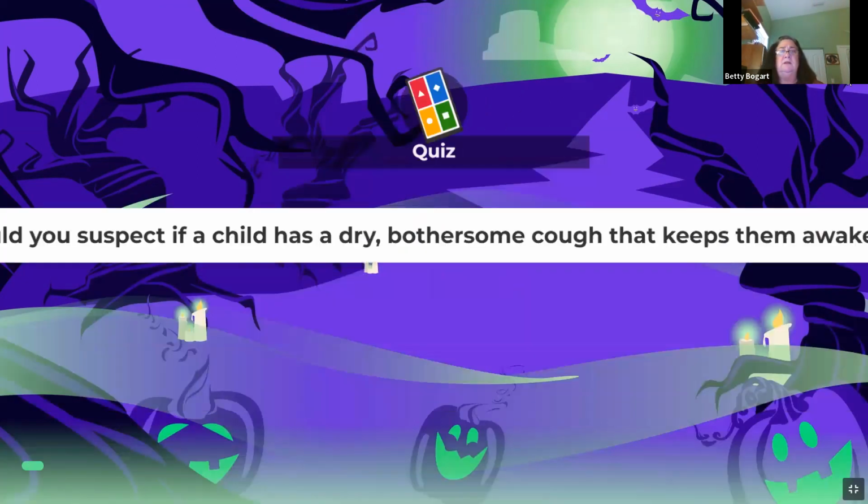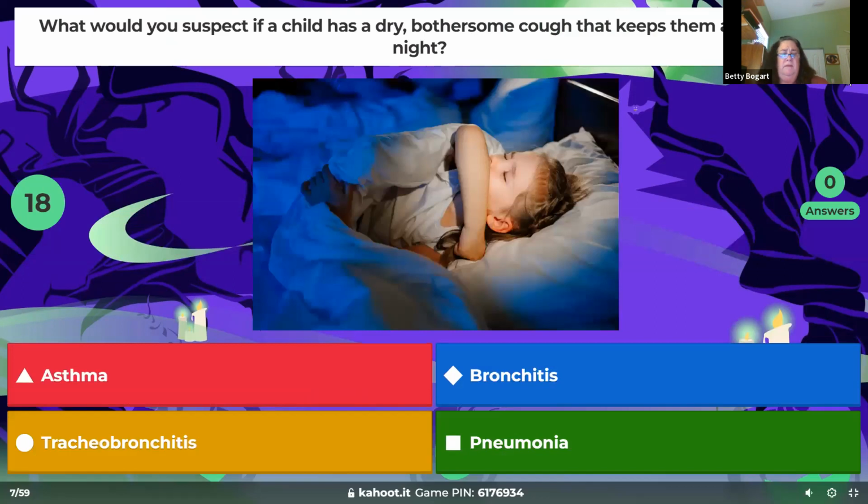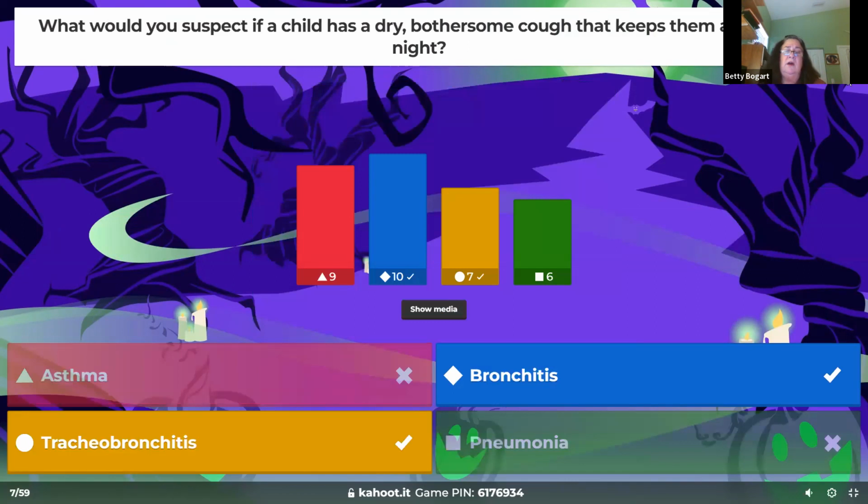Multi-select. What would you suspect if a child has a dry, bothersome cough that keeps them awake at night? So you're going to think it's maybe bronchitis or croup, tracheobronchitis, okay?